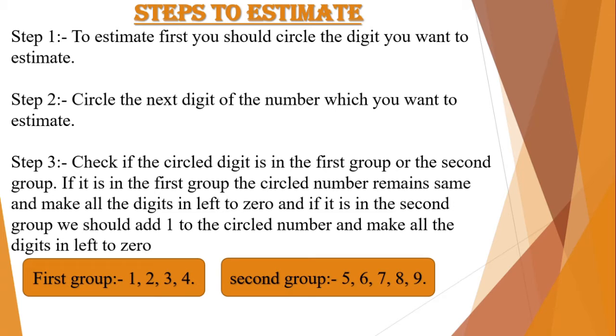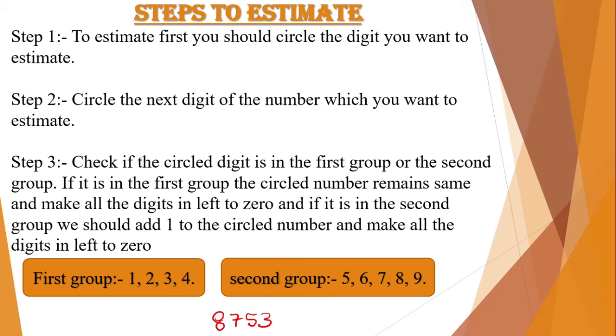So let's take an example and follow the steps to estimate that number. The example will be 8753. To estimate, first we should circle the digit which we want to estimate.